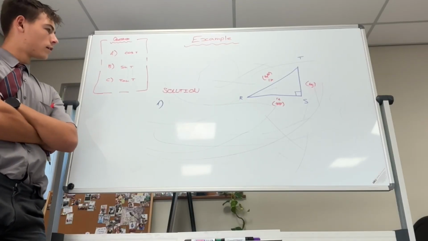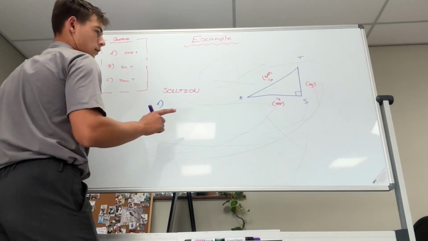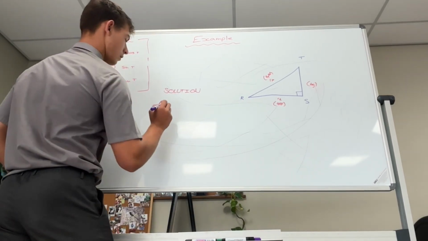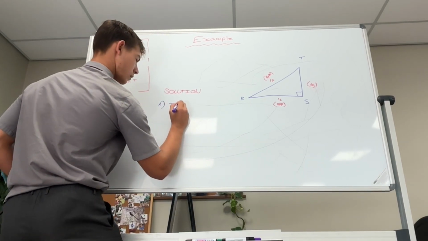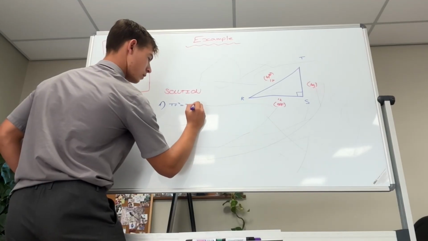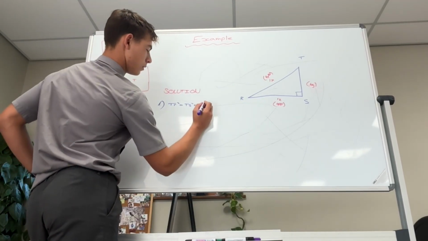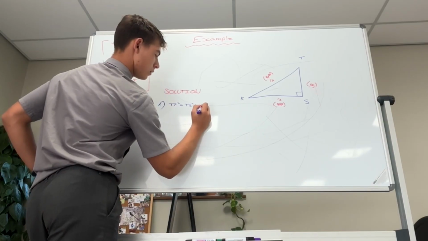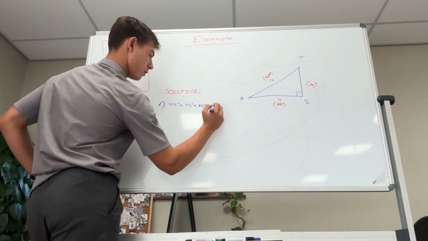For A, we need to work out the cos value. To work out the cos value, we need the length of TS, the adjacent side. To figure out TS, we need to use Pythagoras theorem. TR squared equals TS squared plus RS squared.